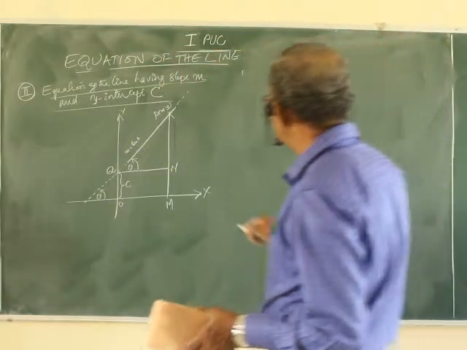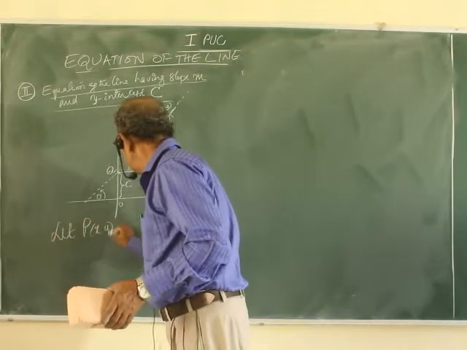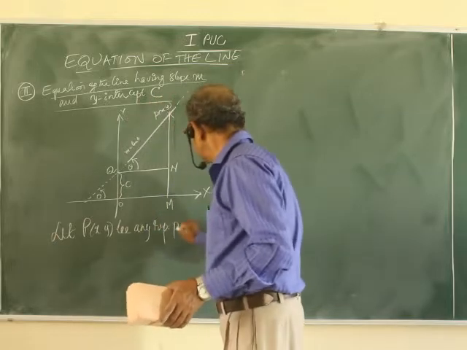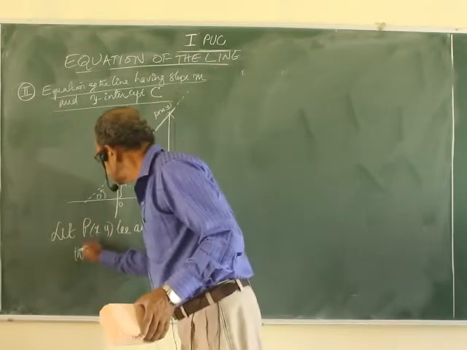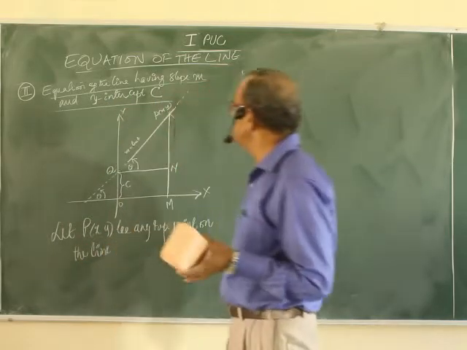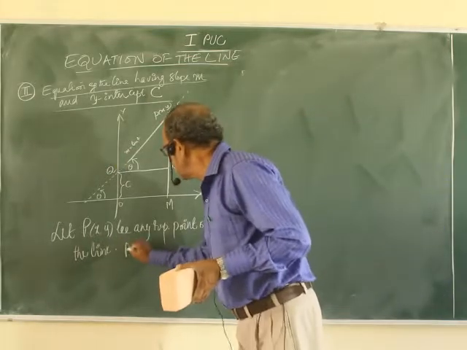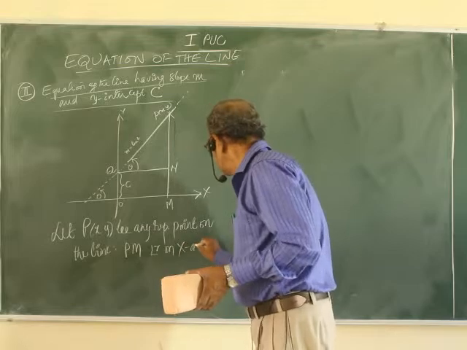Let Pxy be any point. Pxy be any representative point on the line. It should be there because you are writing the equation, representative point. PM perpendicular on x-axis.